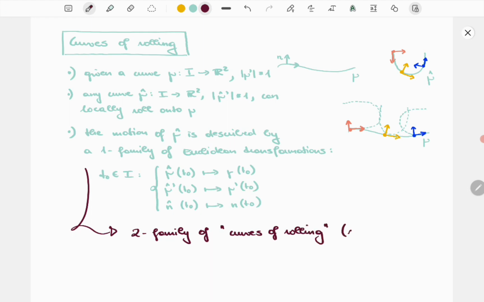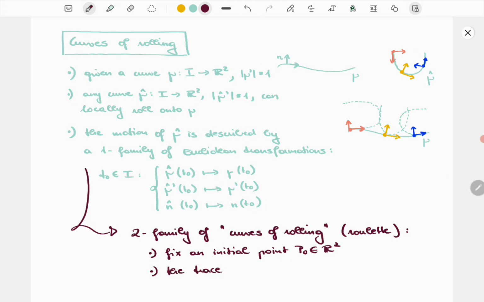Often they are also called roulettes. And those curves are described by the choice of one initial point. And then the curve of rolling is given by the trace of P0 under this one-parameter family of Euclidean transformations.